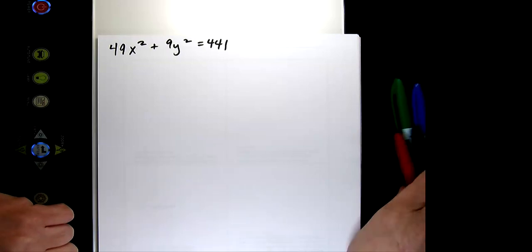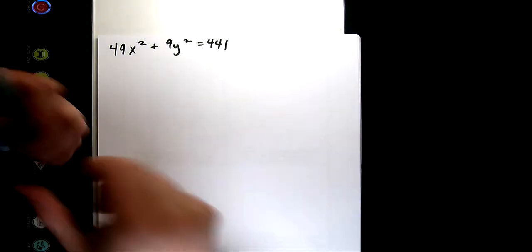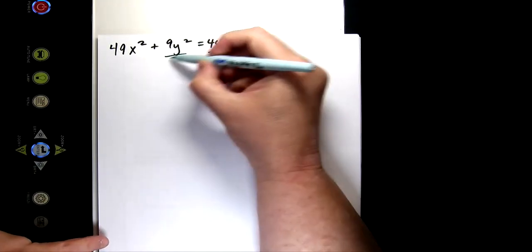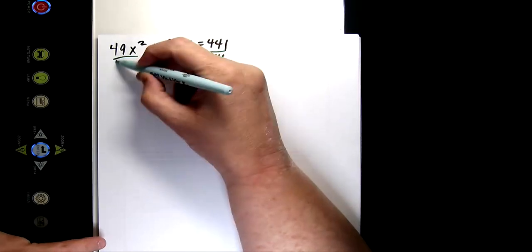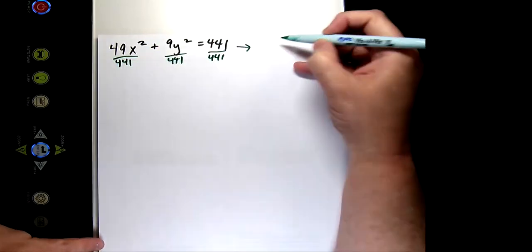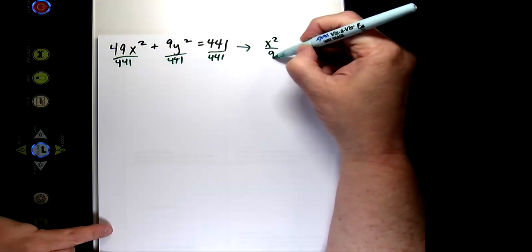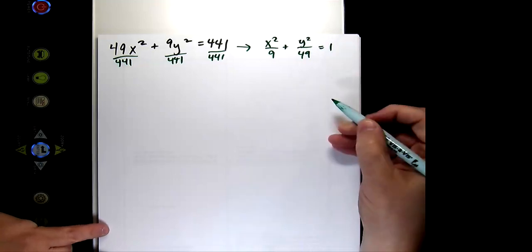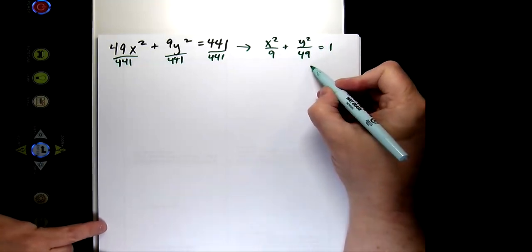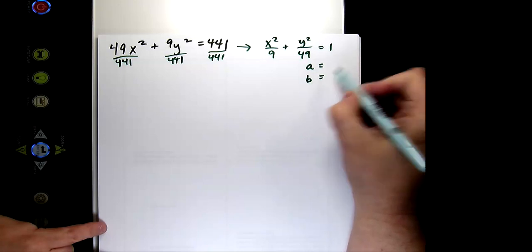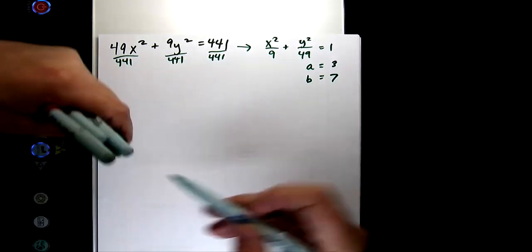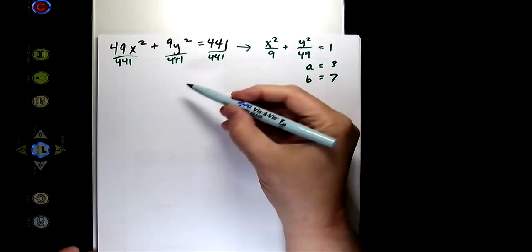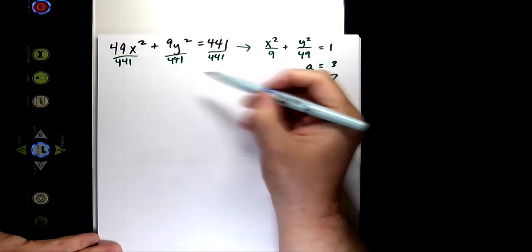So what's the first thing to do here? And what does that make my new equation? X squared over 9 plus y squared over 49. What does it give me for A and B? 3 and 7. All right, so, did you guys graph it? Looks like it's tall, right?